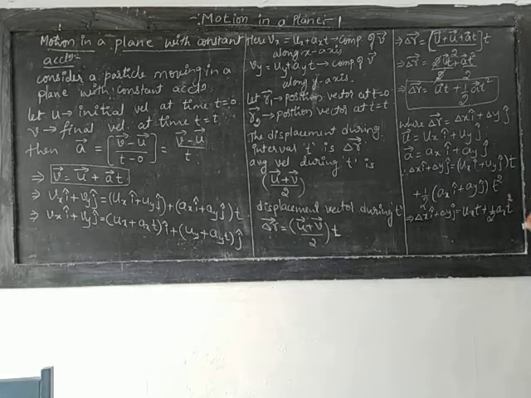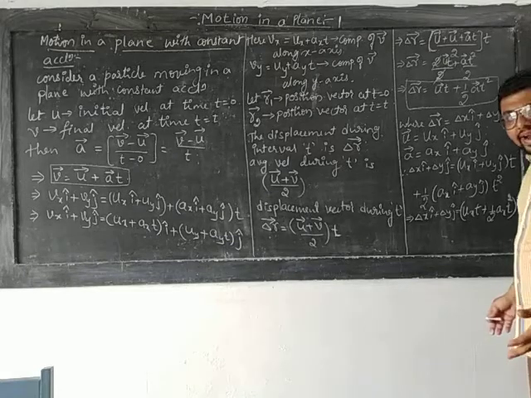T square, into I cap. Similarly, I need to write all the coefficients of j cap under one bracket.